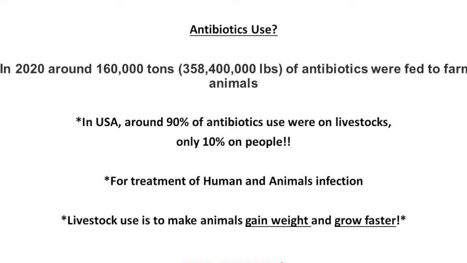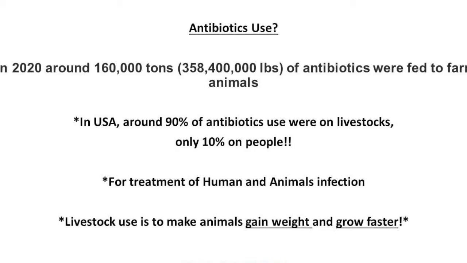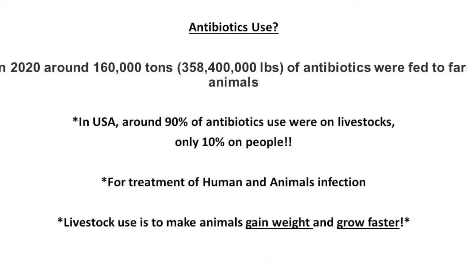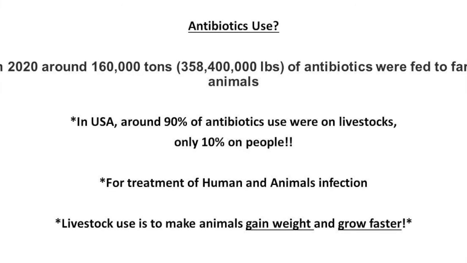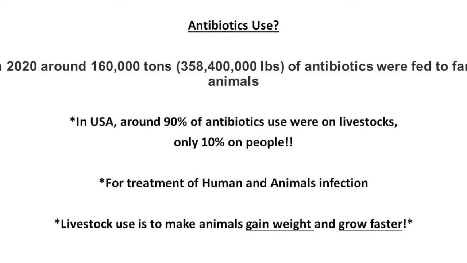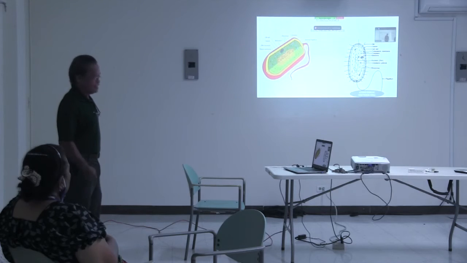And only 10% are used in humans and animal infection. The rest are used to make rich people get richer, for profit. That's what I think it is. And that brings on antibiotic resistance, part one of the reason.